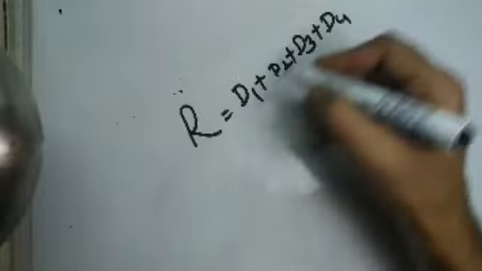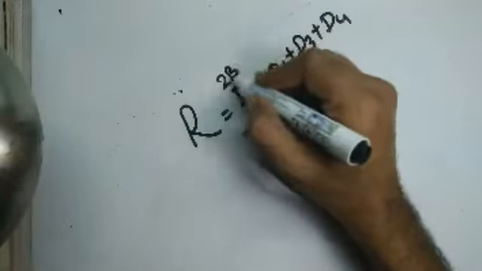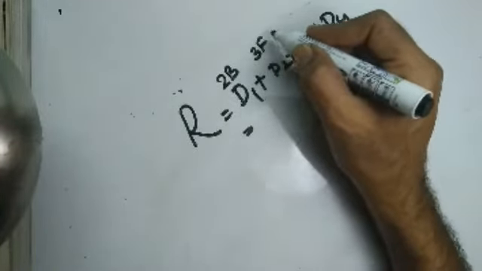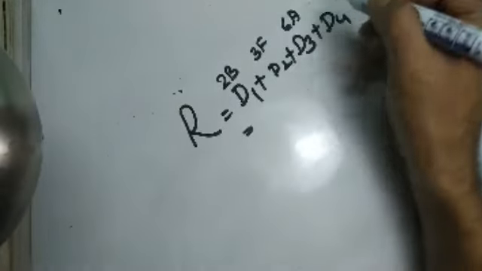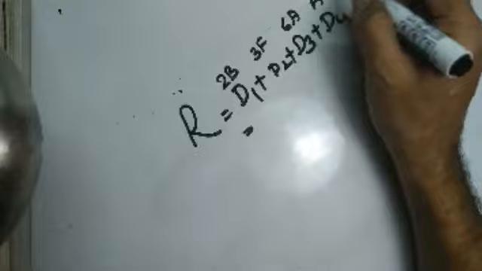There are 4 words. After D1, the value is 2B, and D2 is 3F, D3 is 6A, and D4 is AF. I hope so.